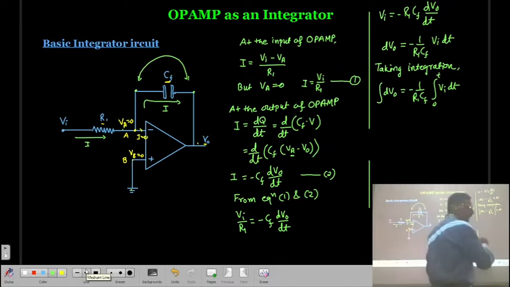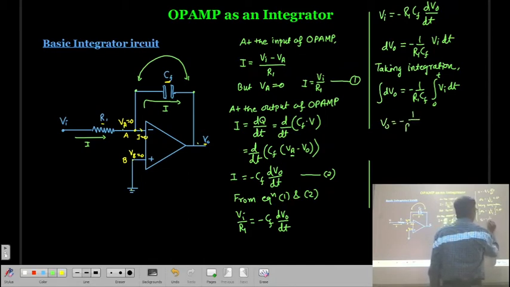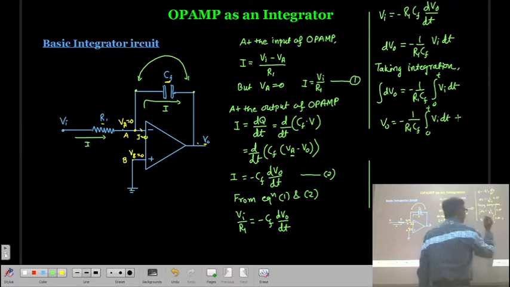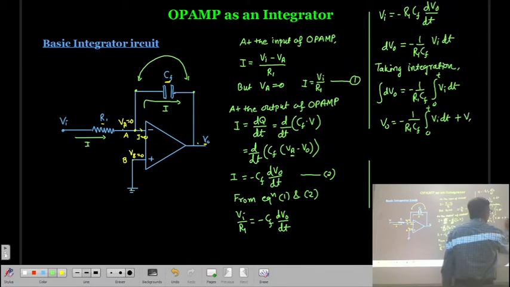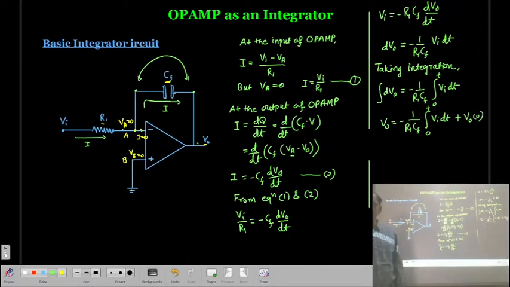Now if we integrate this expression, then this will come out to be VO is equal to minus 1 upon R1 CF, and this integration is from 0 to t VI into dt, and then we have some integration constant, that is the output voltage at the time t is equal to 0.